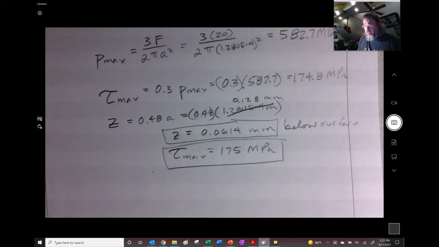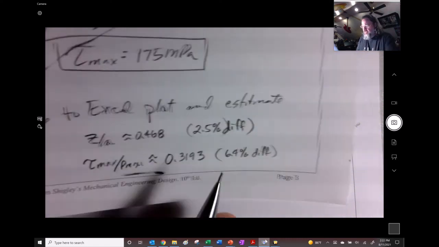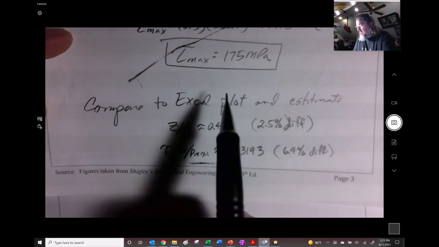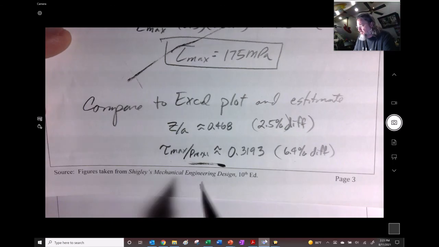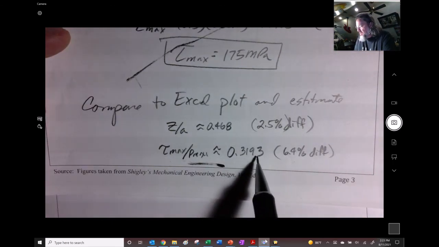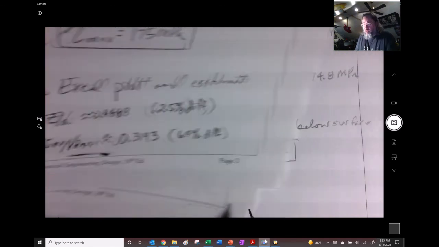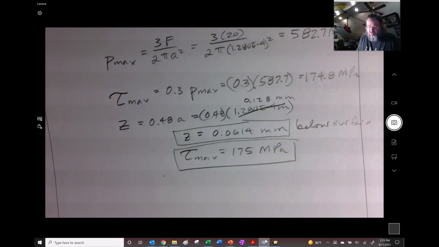By the way, these are what I actually found: 0.468 instead of 0.48, and 0.3193 was the maximum of those ratios instead of 0.3, which gave me a bit of a difference.